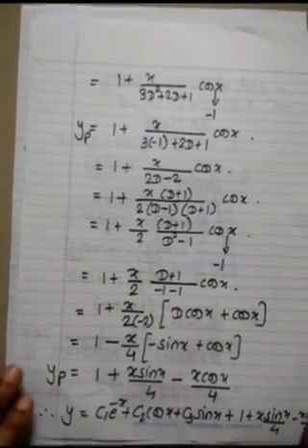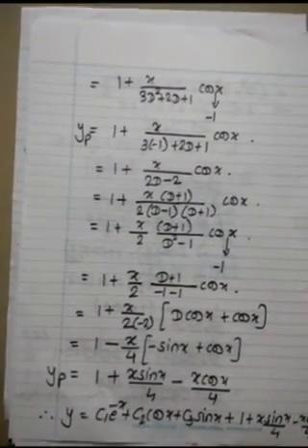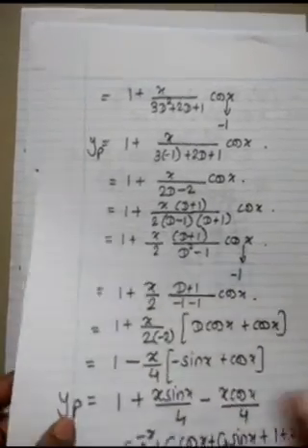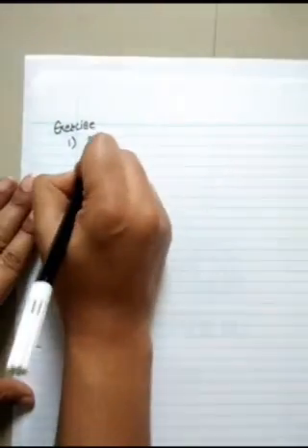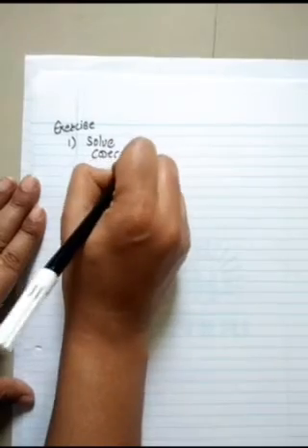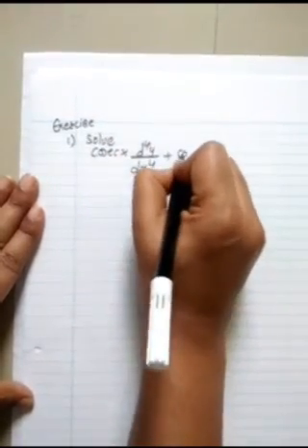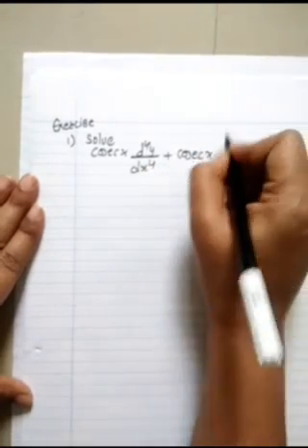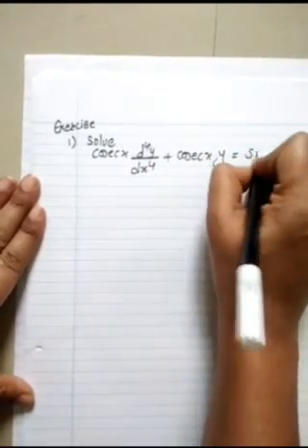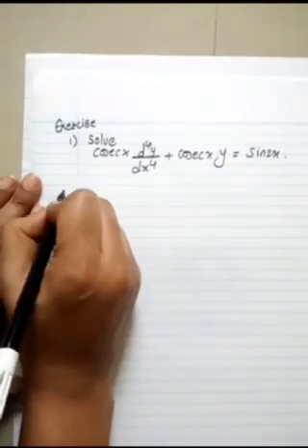Will you take one homework? Write down. Solve. I'll give you 2; solve them, and if not, tomorrow we'll solve. First: cosec x d raised to 4 y by dx raised to 4 plus cosec x into y is sine 2x.